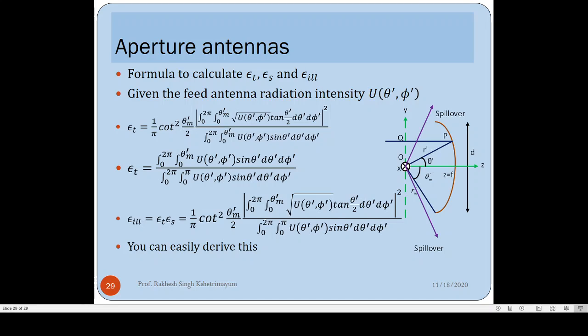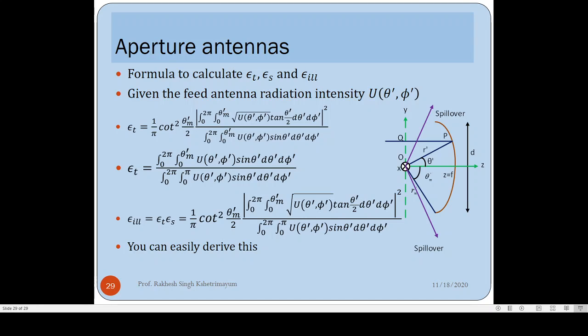We use geometric optics to find the aperture field, and from there we found the 2D Fourier transform of the aperture field and used that in equations 24.1 and 24.2 to find the far field radiated pattern of the parabolic reflector antenna.